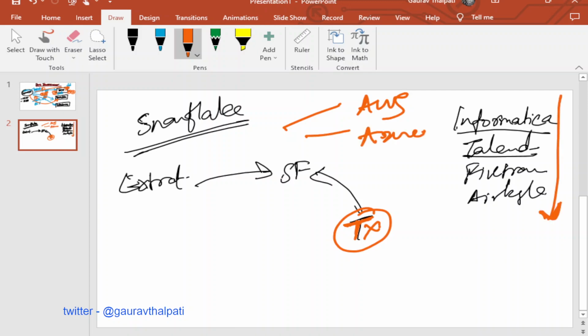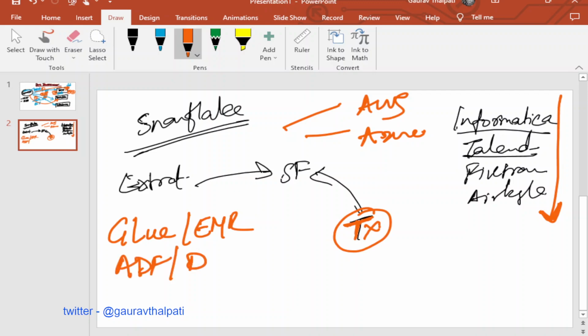If you still want to use cloud native tools, then with AWS you would probably be using Glue or EMR. If you are in Azure, you may use ADF, or some of you may also think of using Databricks. If you want to do ETL with these, you can do that if you have that expertise. These are all majorly Spark.